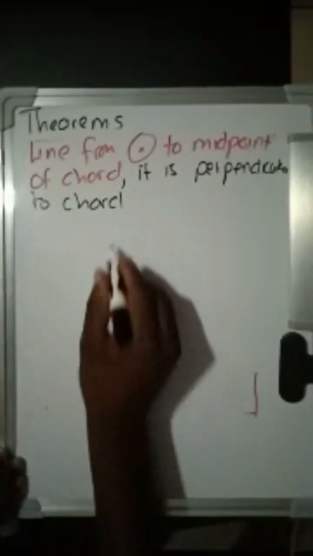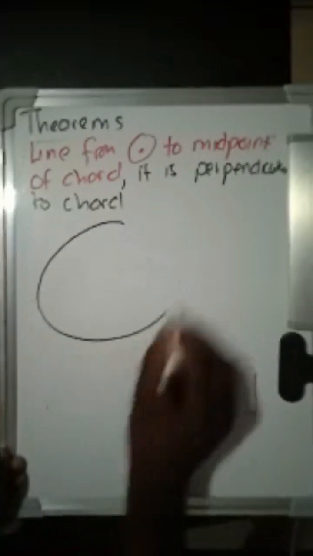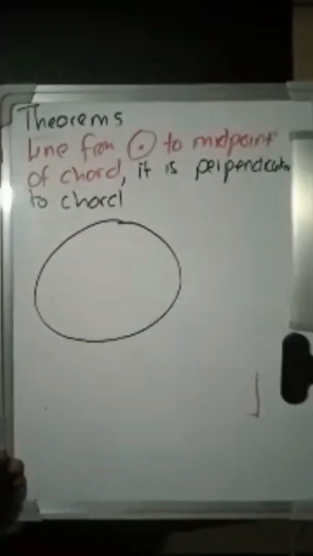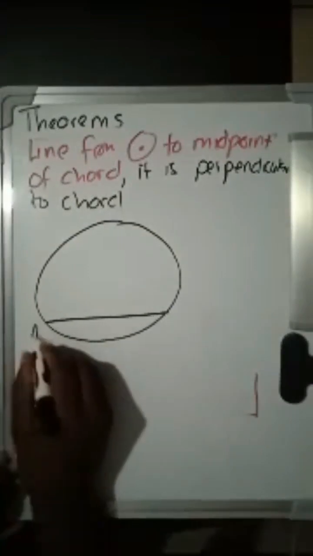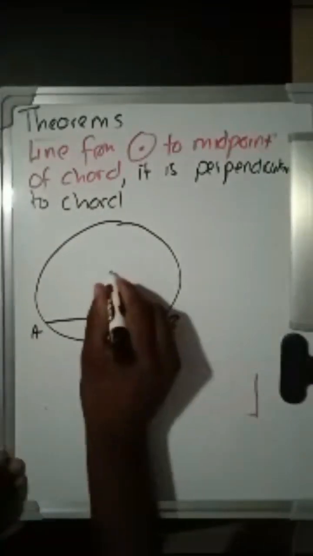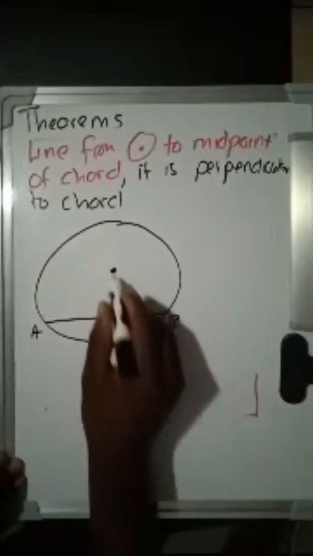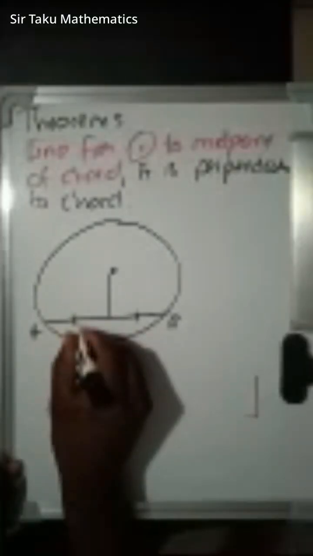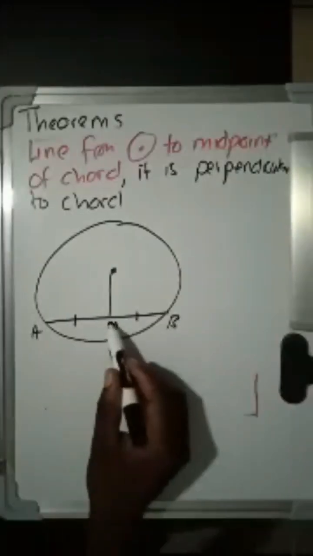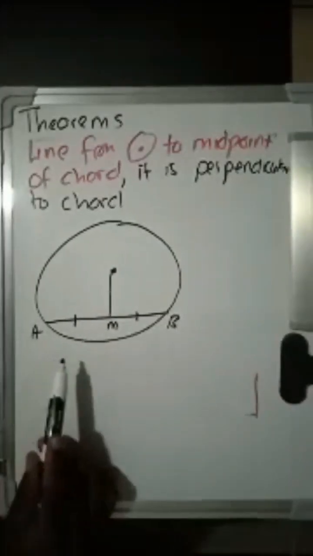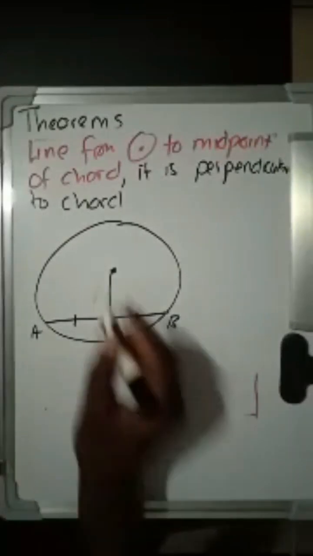Okay? So what do we mean by that? What we mean is that we have a chord that is drawn. I want to call it AB. Then we have a line that is from center there, and we are told that these two sides are equal. It means M is the midpoint of AB.